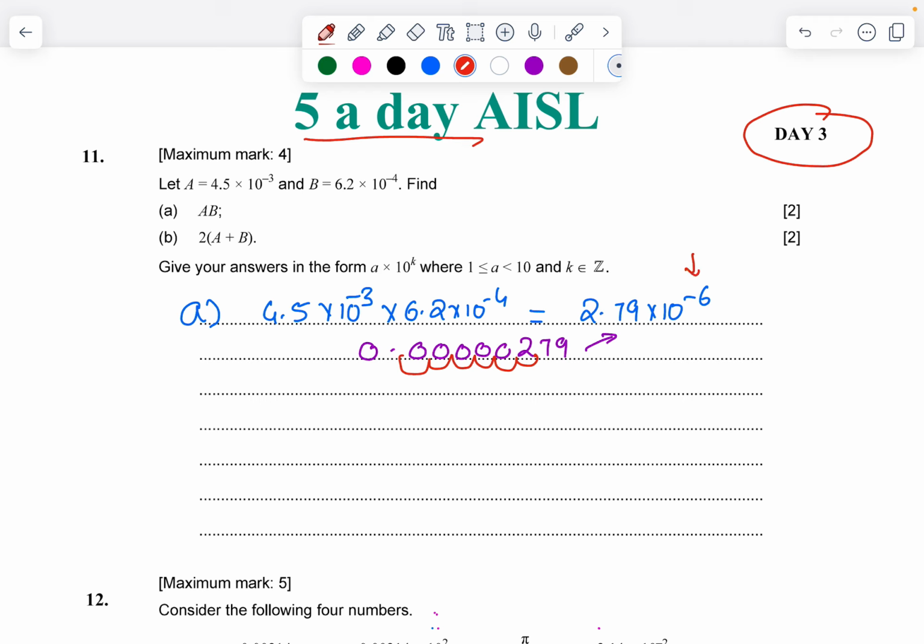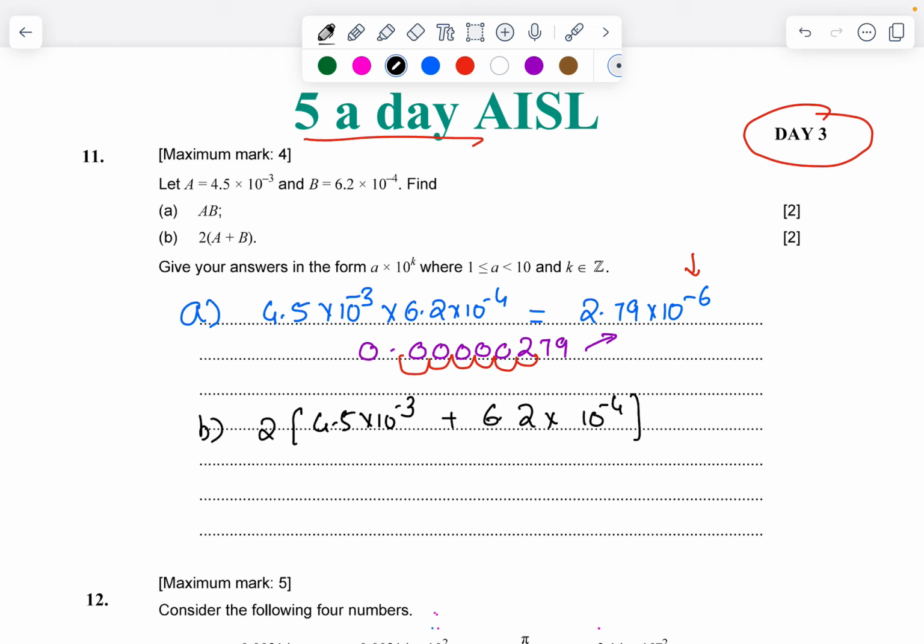Next one, what is being asked in part B? 2 times A plus B. 2 times 4.5 times 10 to the power of negative 3 plus 6.2 times 10 to the power of negative 4. Now the main intention is that both need to have the same power of 10. That will make your life easier.